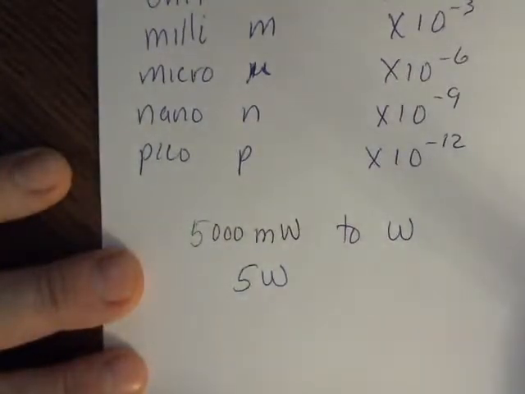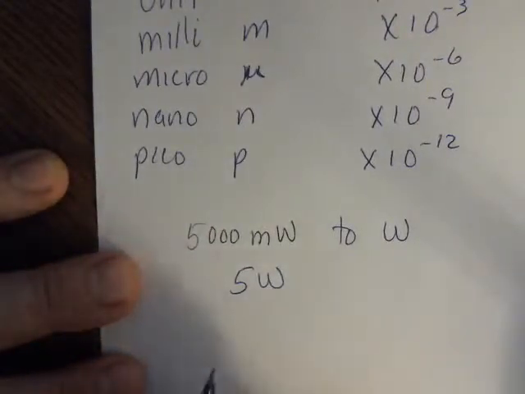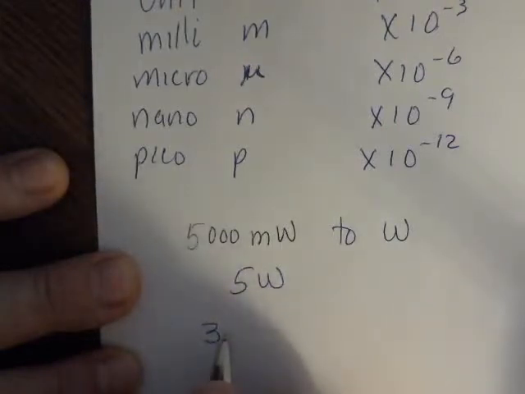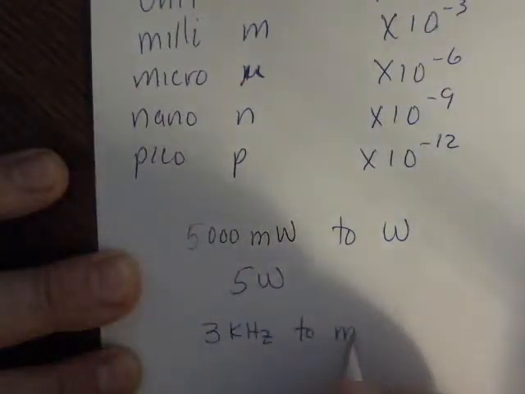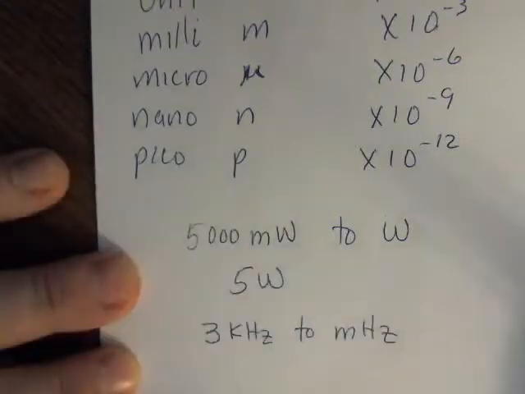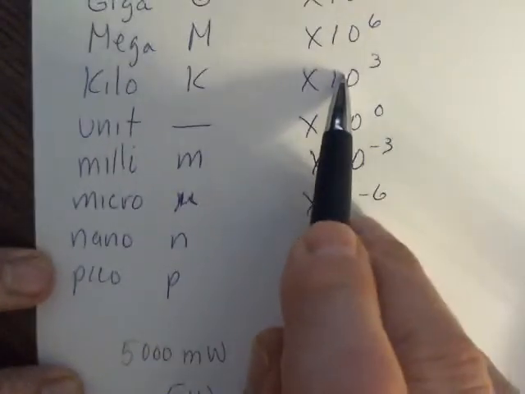Okay? If I'm going from, let's say, 3 kilohertz, and I want to convert that to millihertz, well, K is right here.